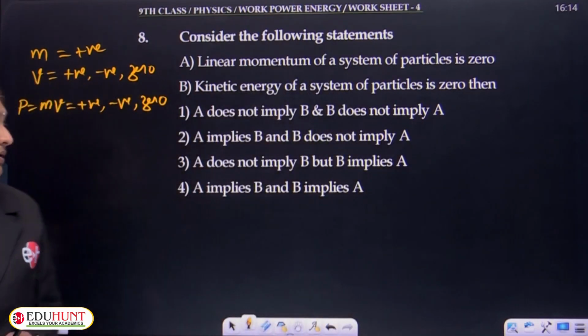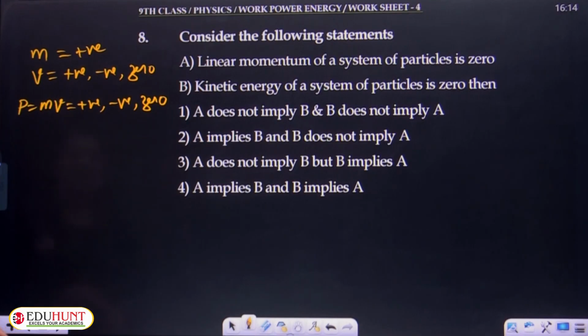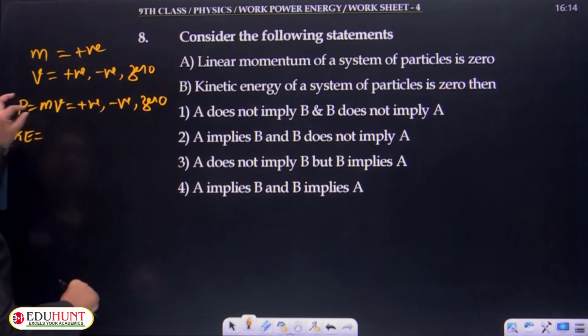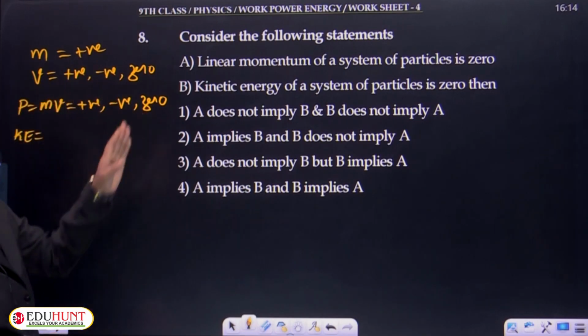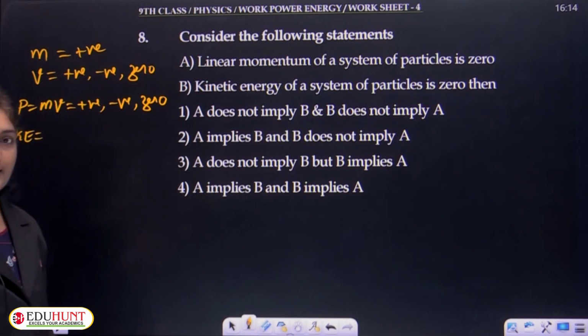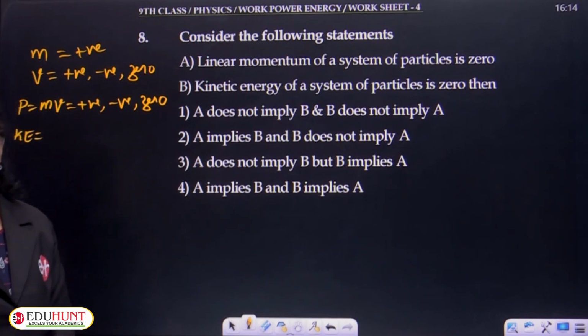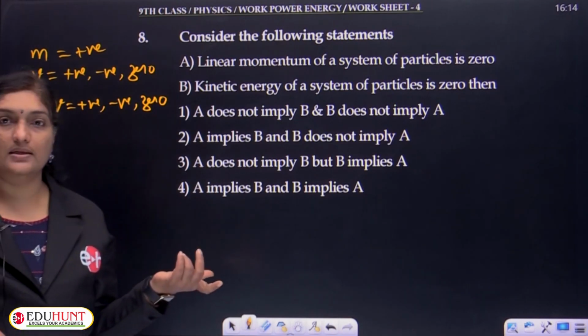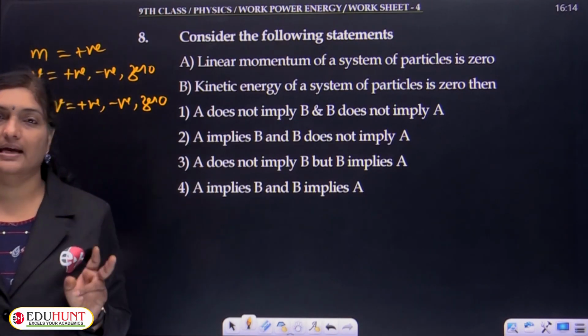Similarly, if you would like to find out the value of the kinetic energy, momentum of a body can be positive, negative or 0 because momentum is a vector quantity. But kinetic energy is a scalar quantity. So, since kinetic energy is a scalar quantity, only two possibilities are there.